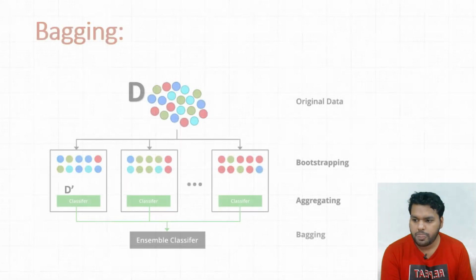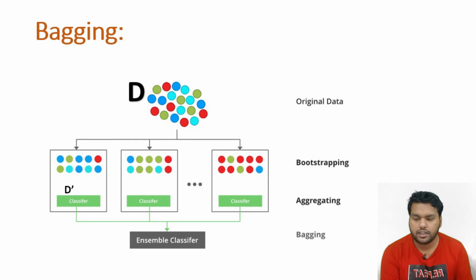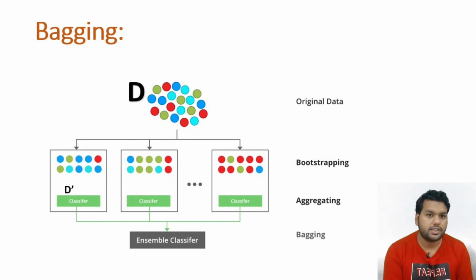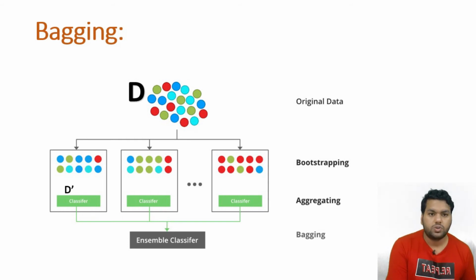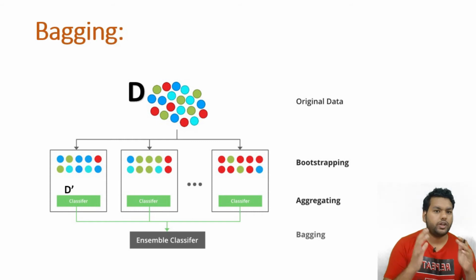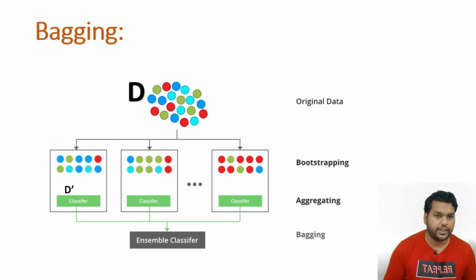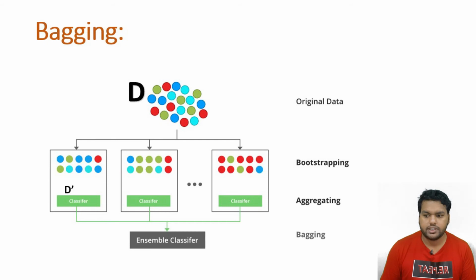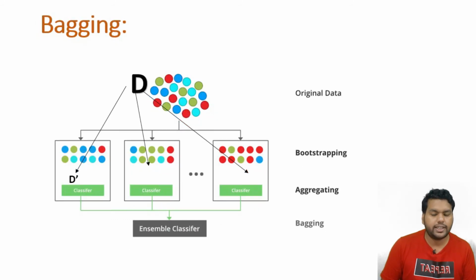So bagging, as already told, is also known as bootstrap sampling. What happens here: you have one original data set, that is D. You create a subset from D, and call that D dash, with the same dimension.